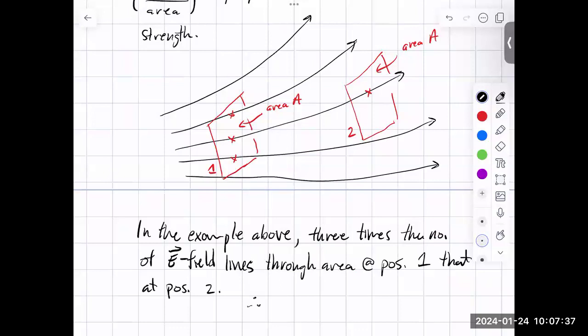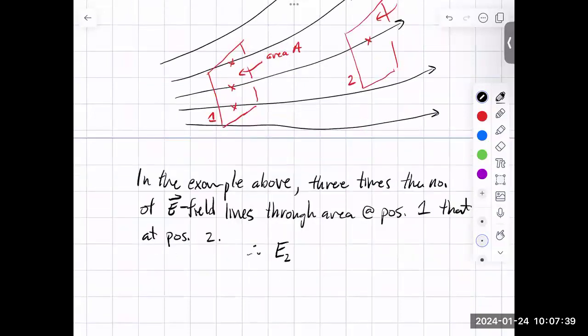And so therefore we could say that the electric field strength at 2 is 1/3 the electric field strength at 1.